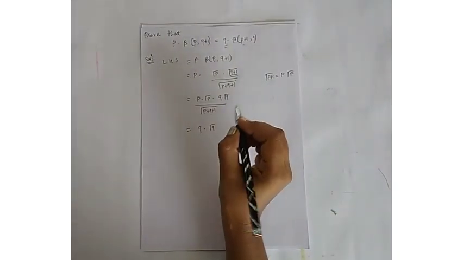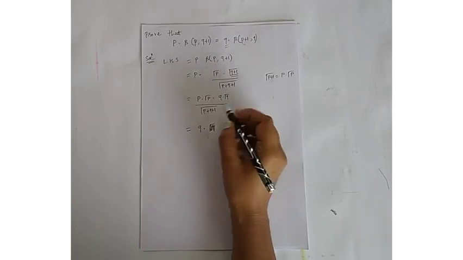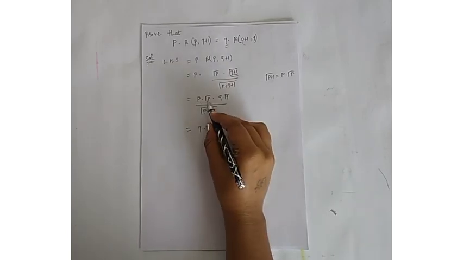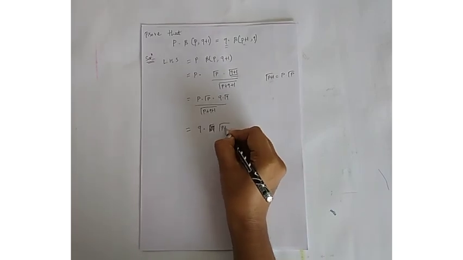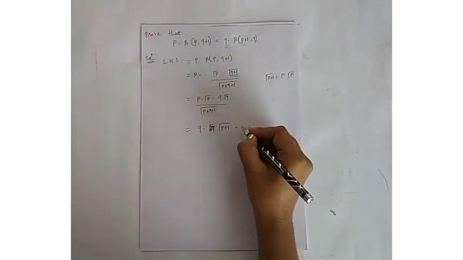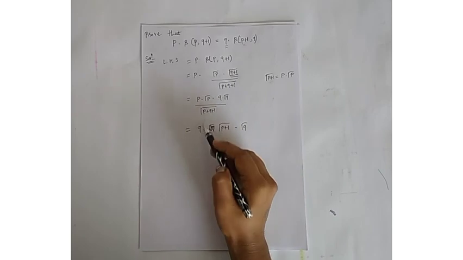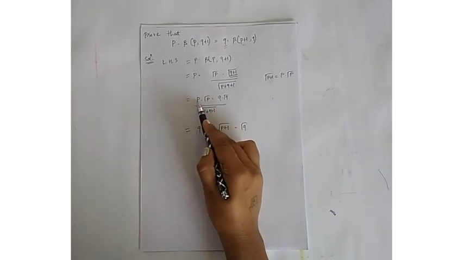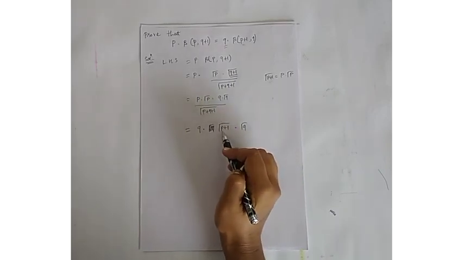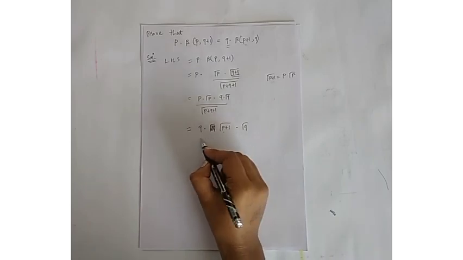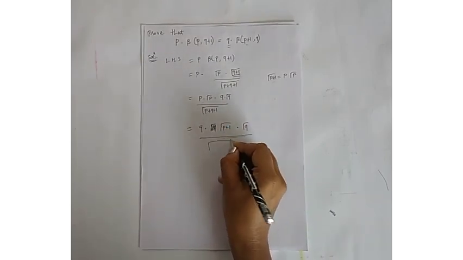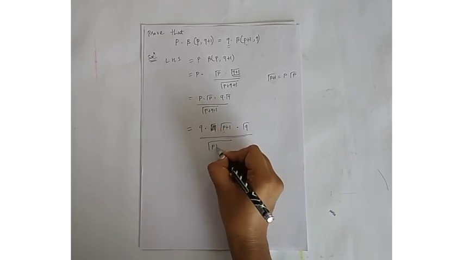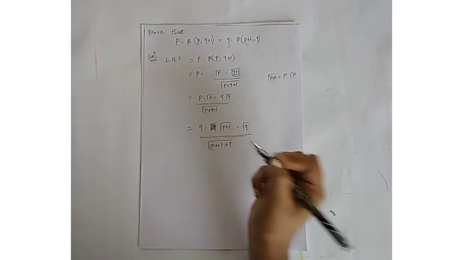gamma q. I write p into gamma p as gamma p plus 1, and the remaining is gamma q. So upon gamma, first write p plus 1 plus q.